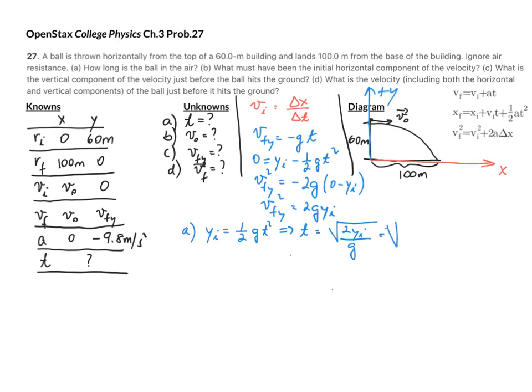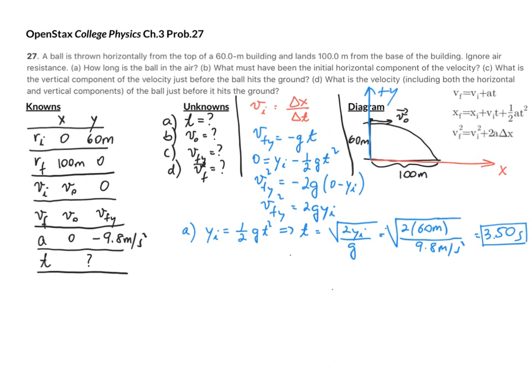So that is square root of 2 times 60 meters divided by 9.8 meters per second squared. And when we plug in the numbers, we end up with 3.50 seconds. So we have our time here.